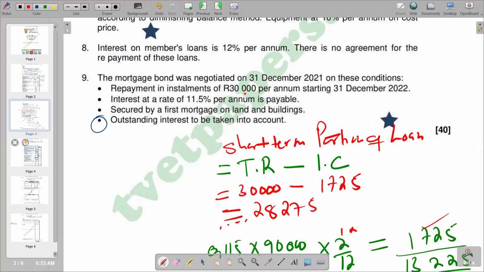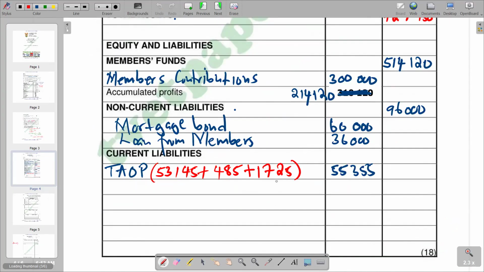So this is going to be the amount that is going to come here as our short-term portion of loan, which will go to 28,275. So this is what we have for that part.